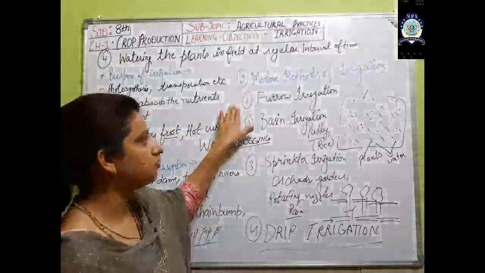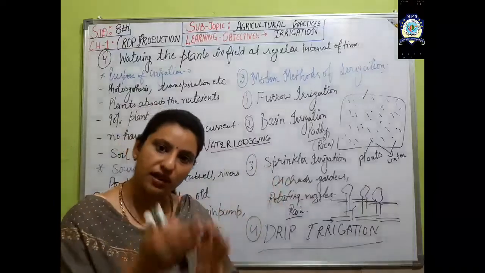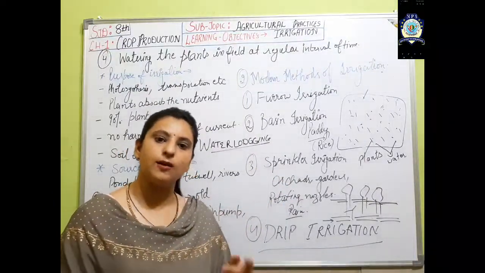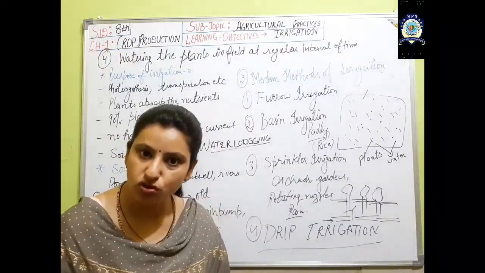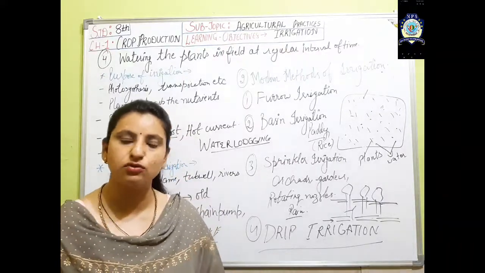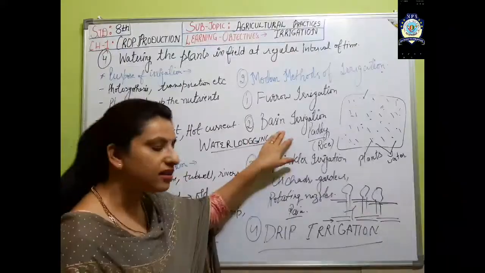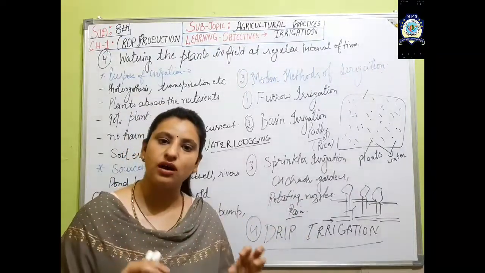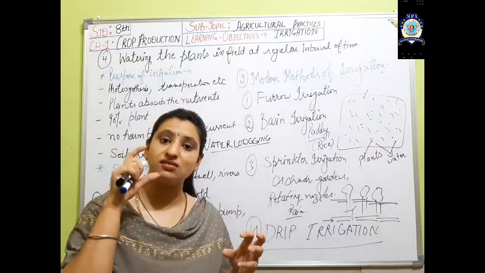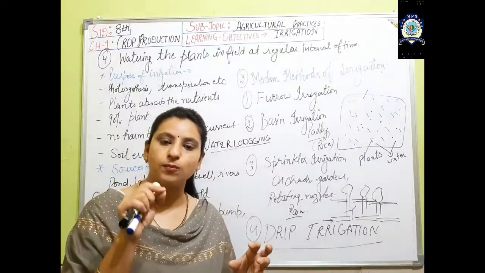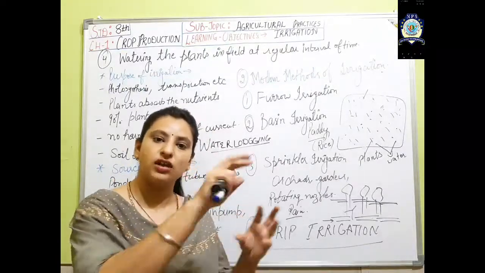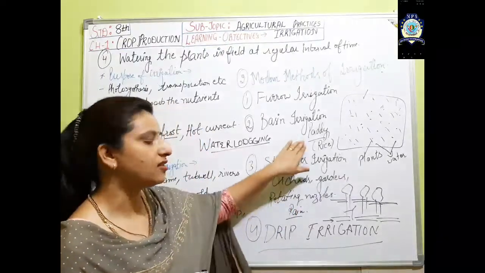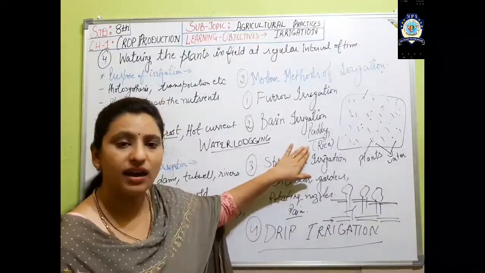The first one is furrow irrigation, in which furrows are made, and it is mainly practiced for growing vegetables and fruits. The second is basin irrigation, in which the whole field is submerged in water, and the plantlets, or seedlings, are transferred from the nursery to that big field, and that is practiced with paddy, or rice.